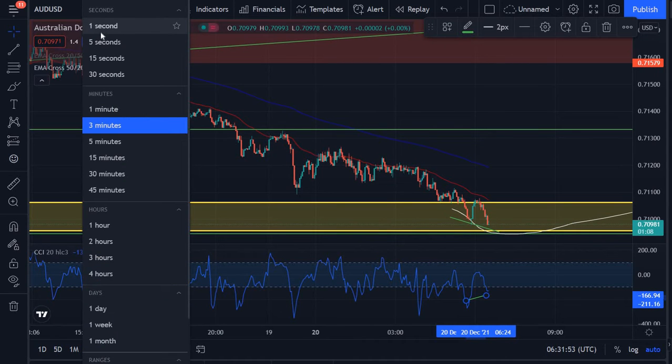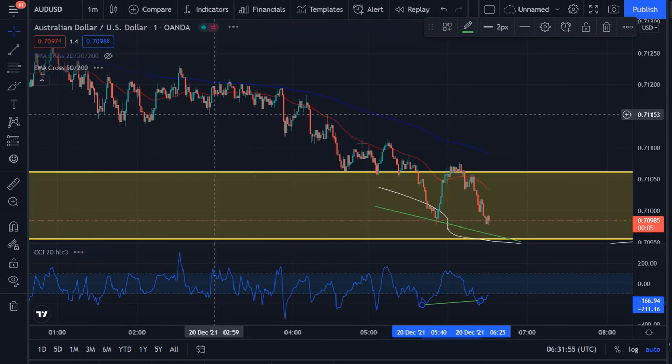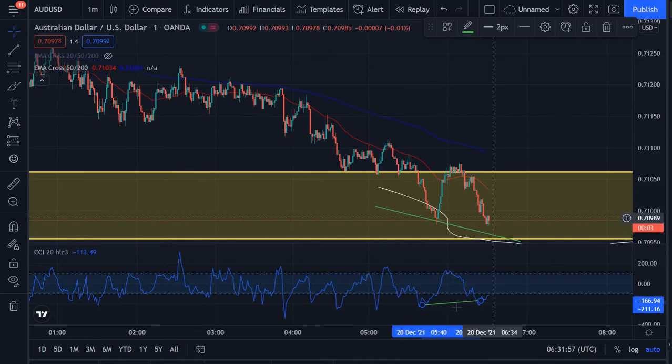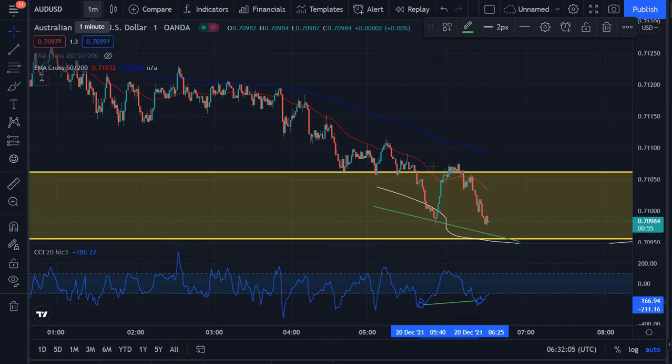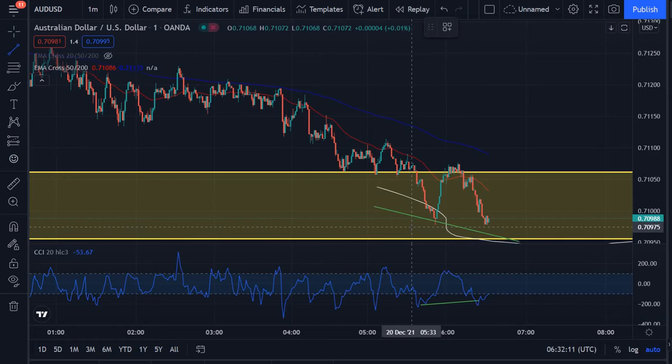So at the end of the day, there are two options. Here is a double bottom, so if we break here, we will go lower. If we can turn around, we will try to rally. On the 1 minute chart, at the moment we're trying to hold this support line here.